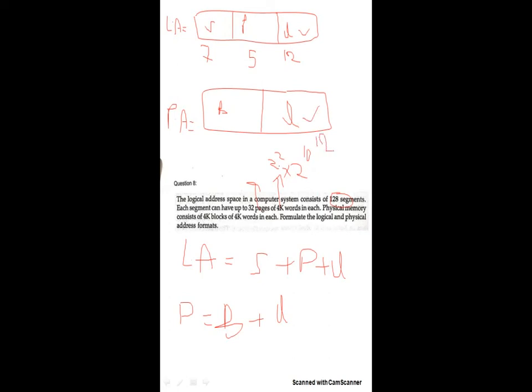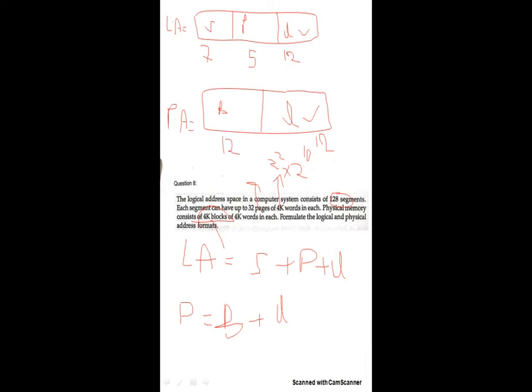Now let us find out what B is. He is saying that physical memory consists of how many blocks? 4 kilo. Can I write 4 kilo as 2 power 12? 1K is 2 power 10 and 4 is 2 squared, so I can write it as 12. So these are the logical and physical address formats.